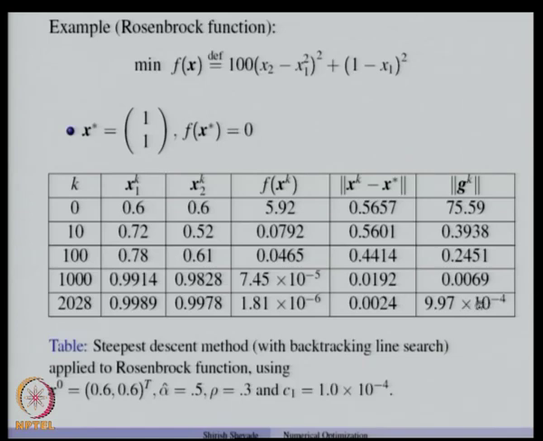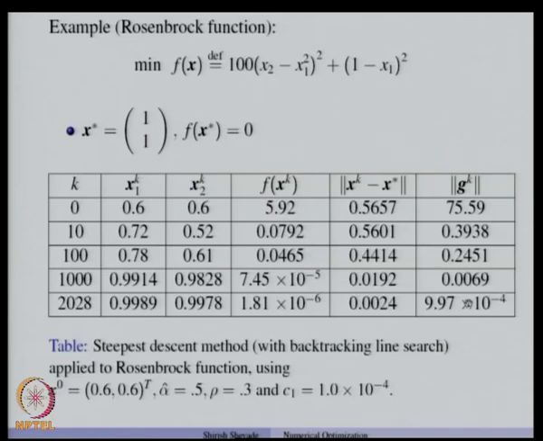So, in this case I have used epsilon to be 10 to the power minus 3 in the steepest descent algorithm. So, the algorithm will continue till norm of gk becomes less than 10 to the power minus 3. So, you will see that at this step 2028, the algorithm has indeed gone to a stage where the norm of the gk goes below 10 to the power minus 3.